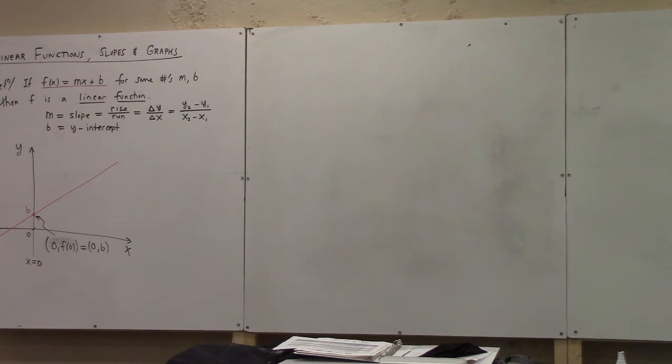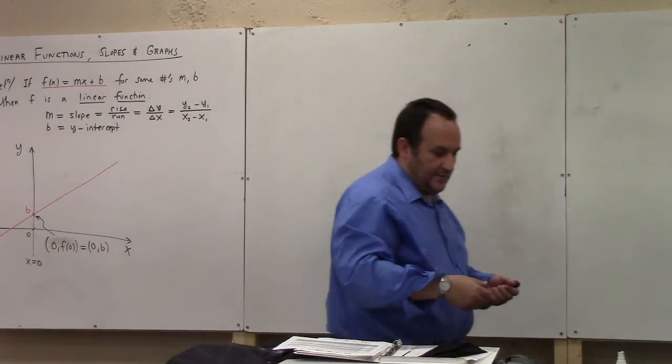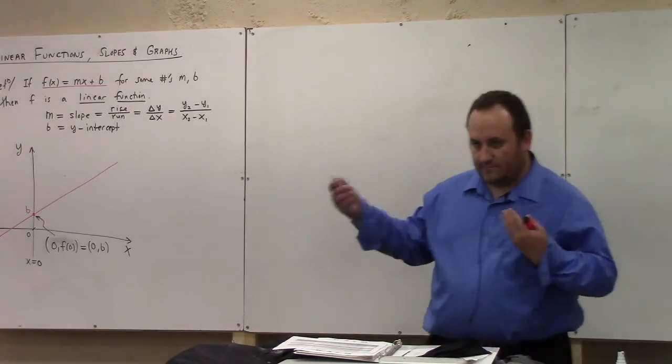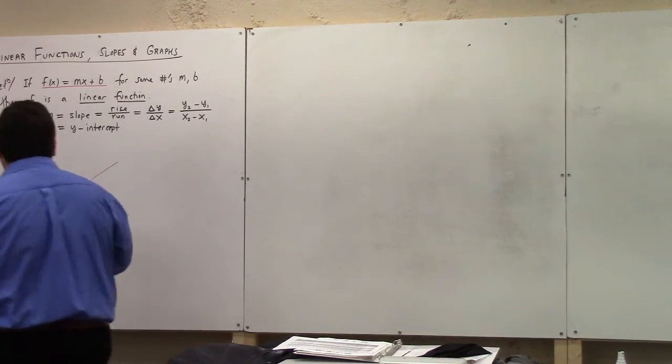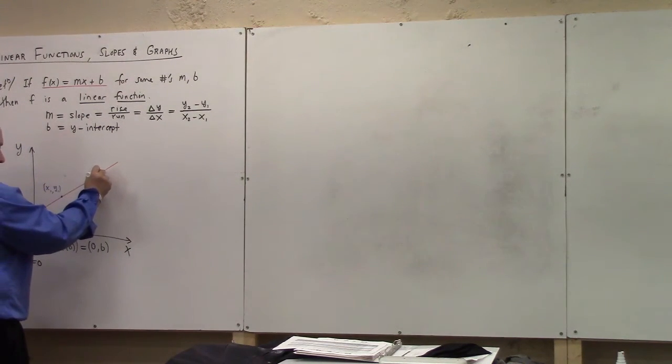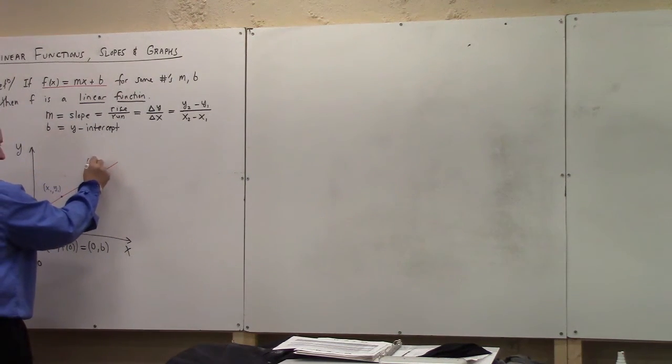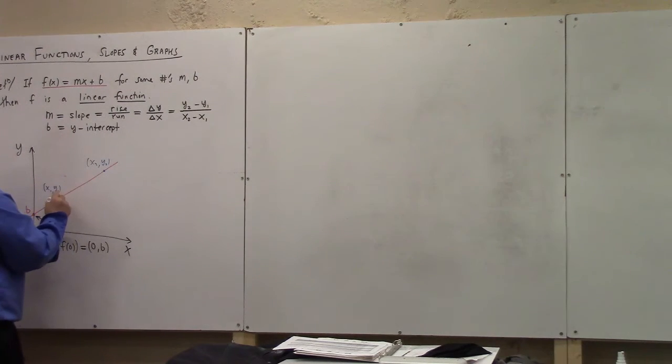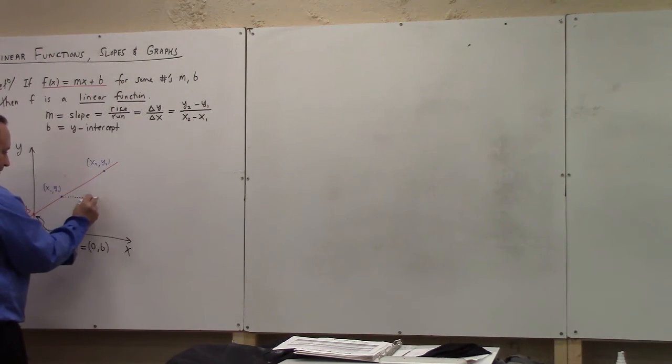So x1, y1 and x2, y2 could be any 2 points, as long as they're distinct on the line, and we'll be able to calculate the slope from them. So in this generic hypothetical picture I'm drawing here, this could be x1, y1. This over here could be x2, y2, right? And you can picture a triangle here.